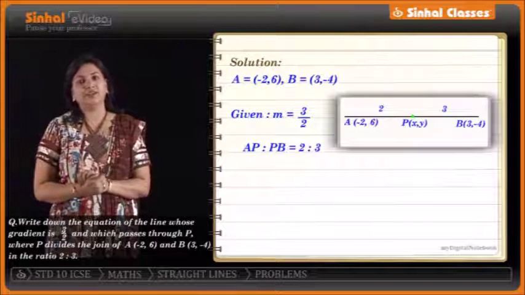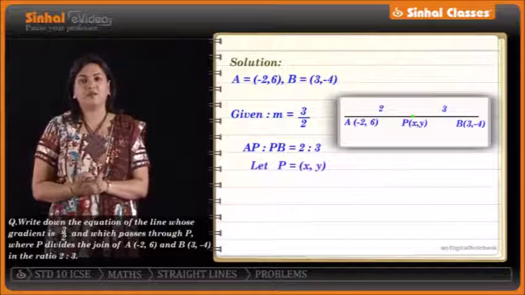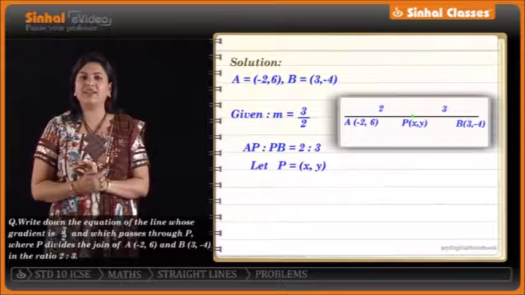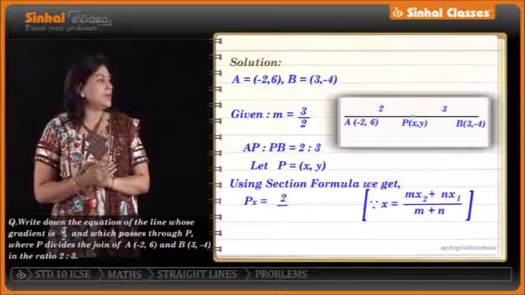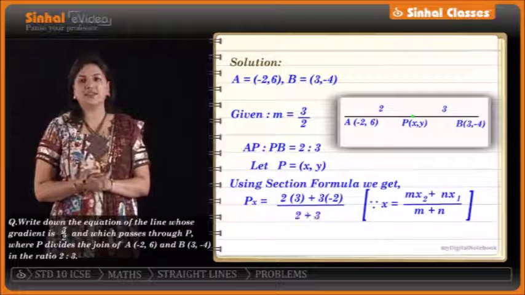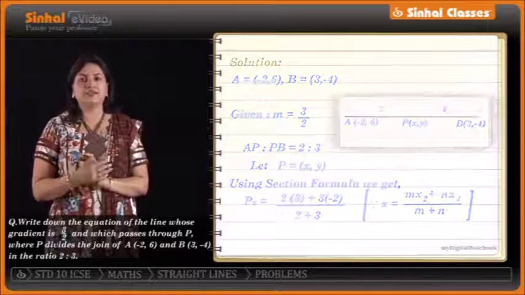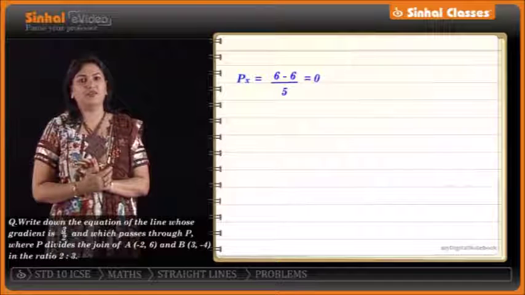That can be done using section formula, which you have seen in the previous chapter. Let P have coordinates x and y. We have Px as (2 into 3 plus 3 into minus 2) upon (2 plus 3). Simplify. (6 minus 6) upon 5, which is 0.